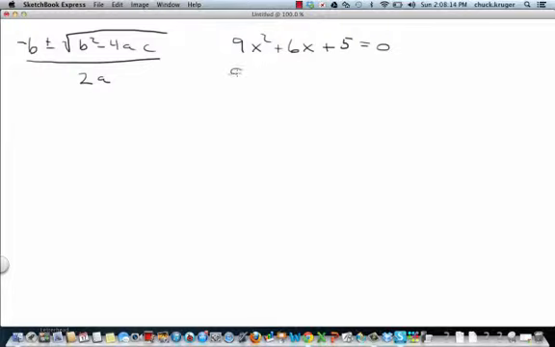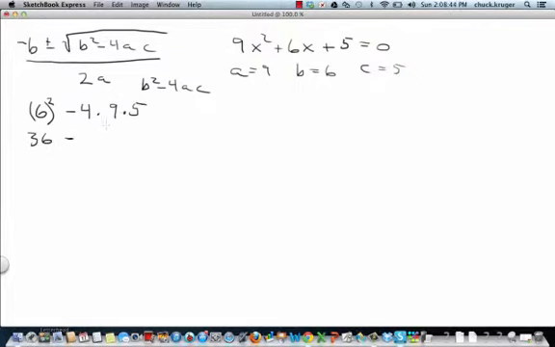So again, a is 9, b is 6, c is 5. Remember, my discriminant is b squared minus 4ac, so I have 6 squared minus 4 times 9 times 5. This will be 36 minus 4 times 9, which is 36, times 5, which is 180.